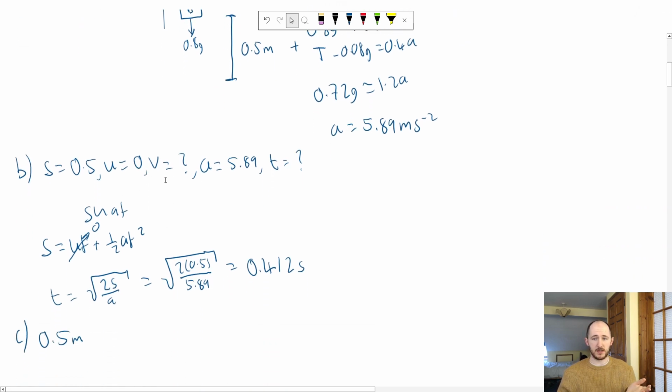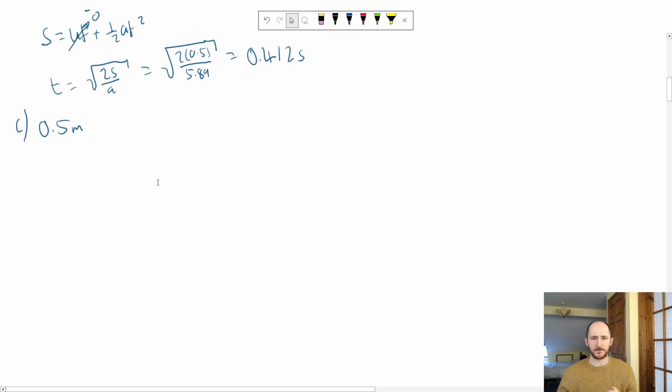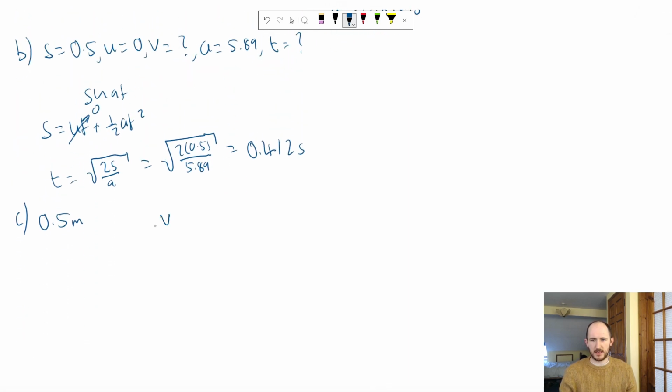So, we're going to work out the final velocity. Now we can use any equation we want. I'll probably use v equals u plus at for this one. So the velocity is going to be, once again, u is 0, so it's just literally 5.89 multiplied by 0.412.